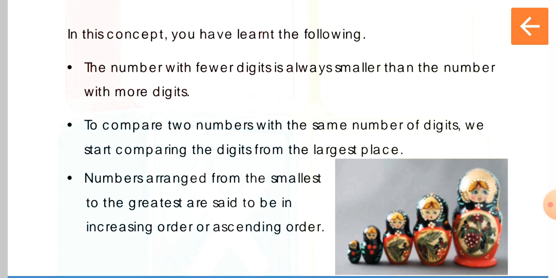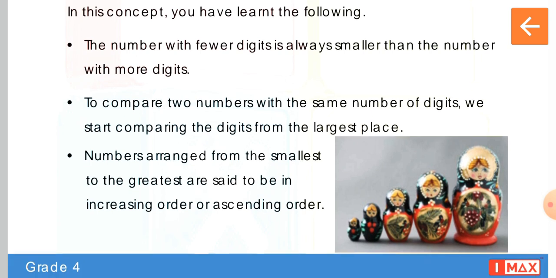Now, after the comparison, we learned arranging the numbers in order, right? We learned about 2 types of order, the first one is ascending order and the second one is descending order. Okay, look at this picture children. This picture shows what is ascending order.